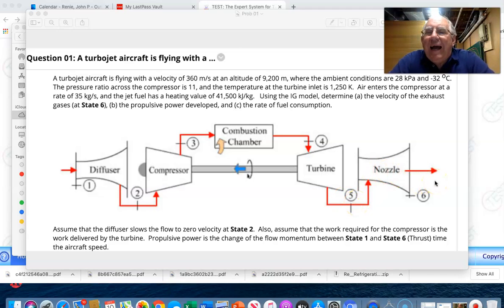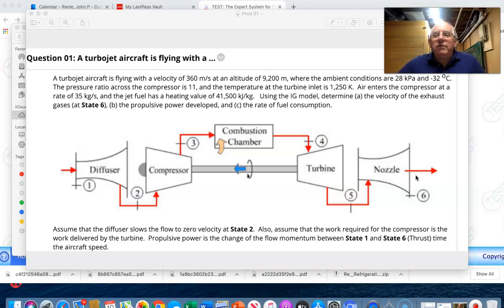The nozzle will be isentropic, and the condition at the outlet of the nozzle will be the pressure of 28 kPa. That was the pressure at that particular altitude. With that pressure being known at state 6, we will then be able to determine the condition at the exit of the nozzle, that being the kinetic energy or the velocity at state 6.